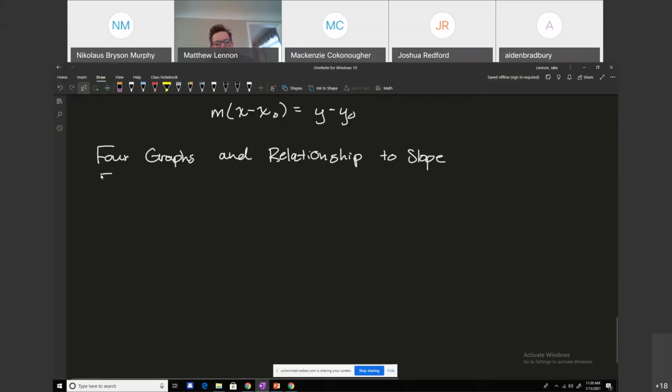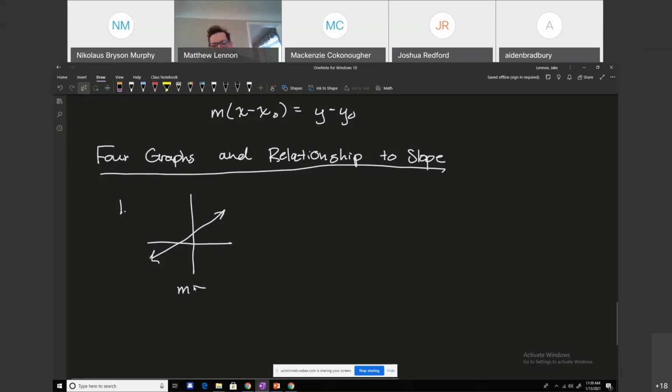So on the one hand, we already talked about essentially increasing and decreasing being related to if the slope is positive or negative. So if the line moves upward as you go to the right, you're going to have a positive slope. If it moves downward as you go to the right, that would be a negative slope. So m less than 0.